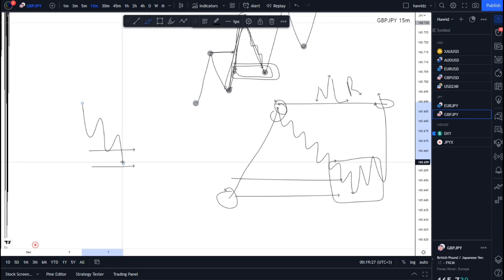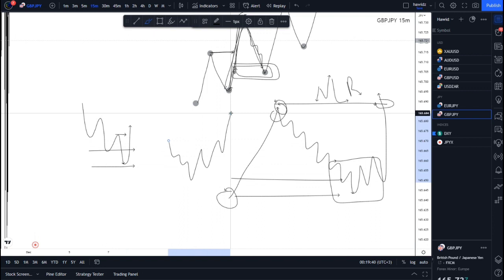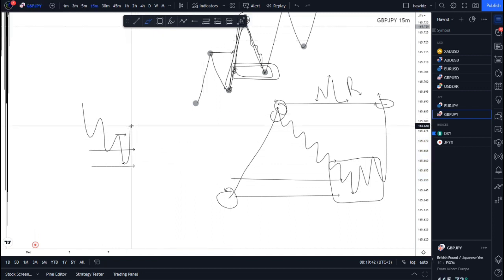Hence what we need to see is an actual break of structure. We need to see this structural high being broken, indicating that price is no longer making lows, but instead it's making highs.